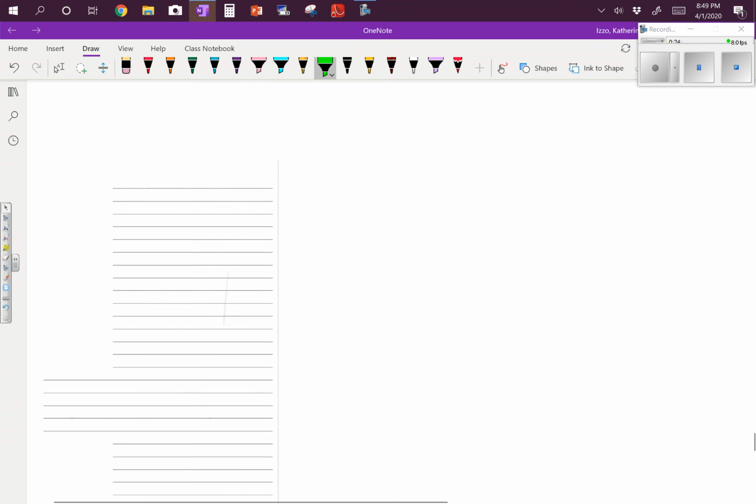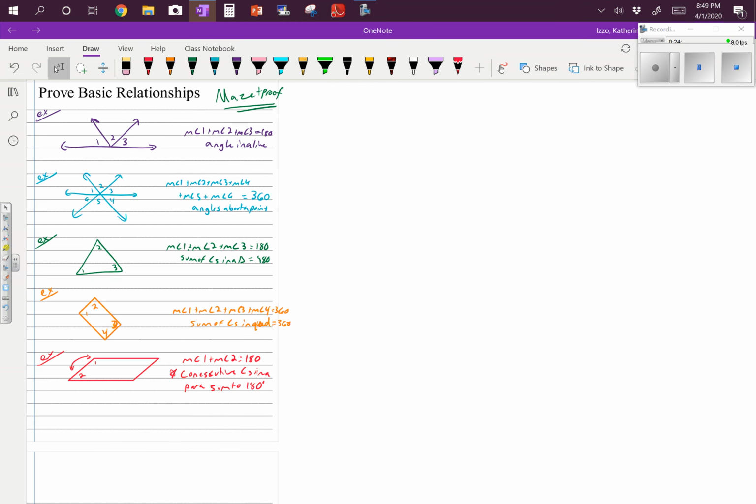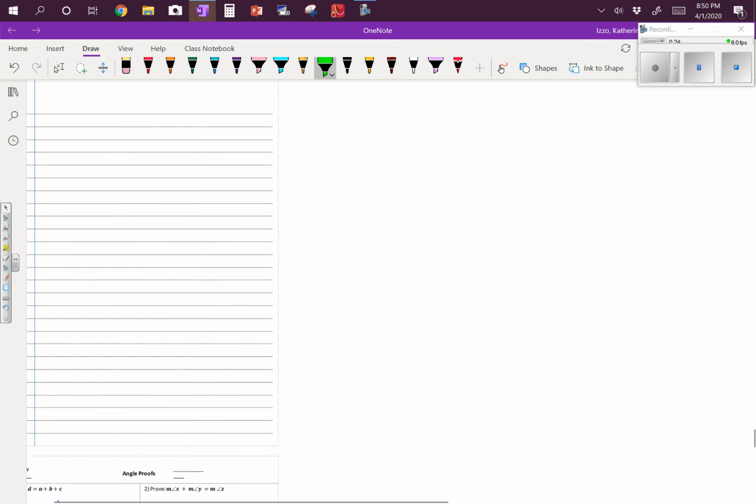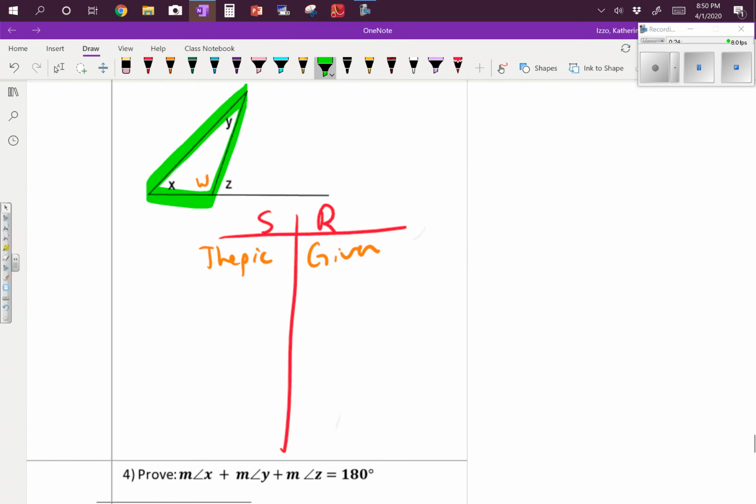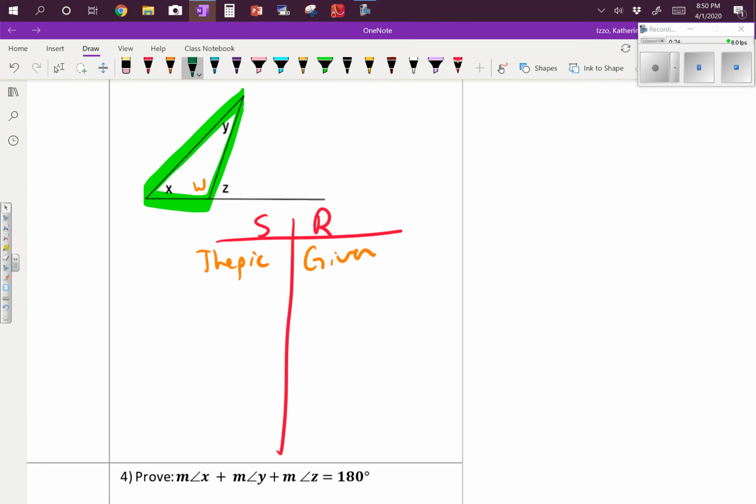If I'm looking at my list of things to keep an eye out for, triangle is an option. So, since I see a triangle, I'm going to highlight the fact that there's a triangle there. And I'm going to say measure angle x plus measure angle w plus measure angle y equals 180. And I know it equals 180 because angles in a triangle sum to 180.